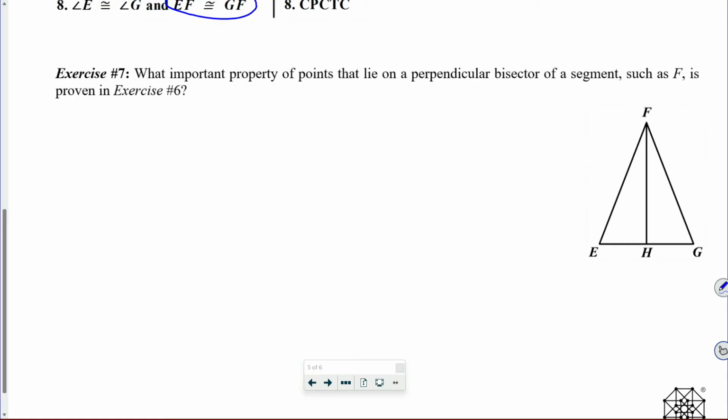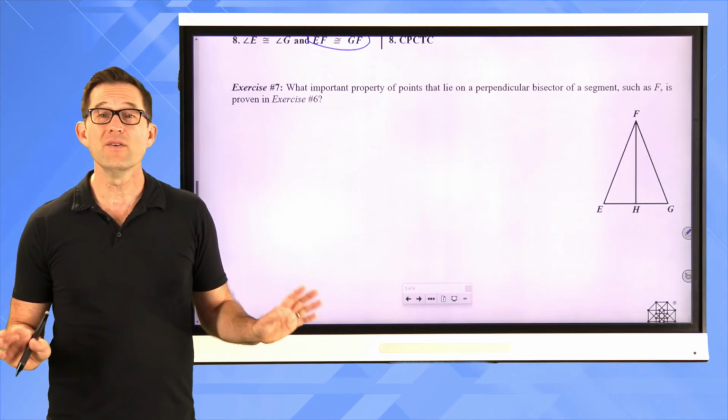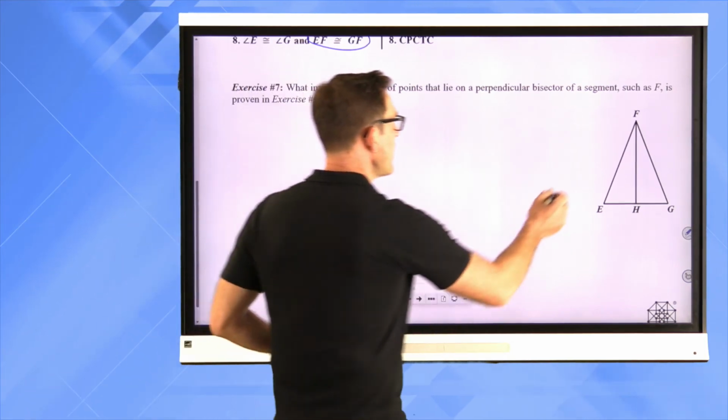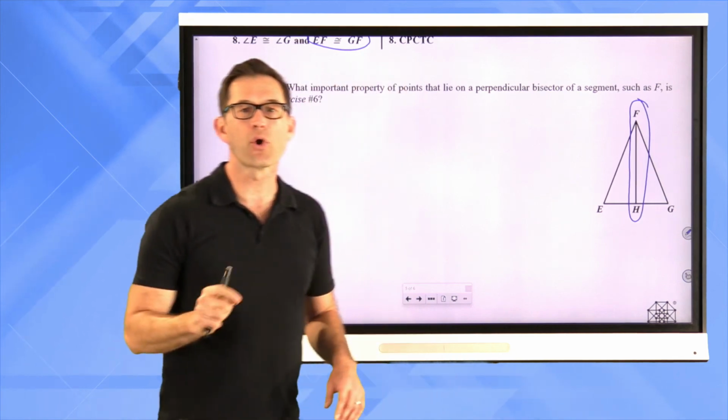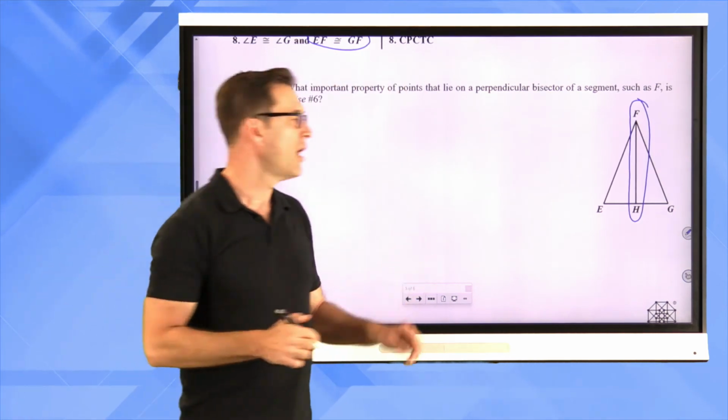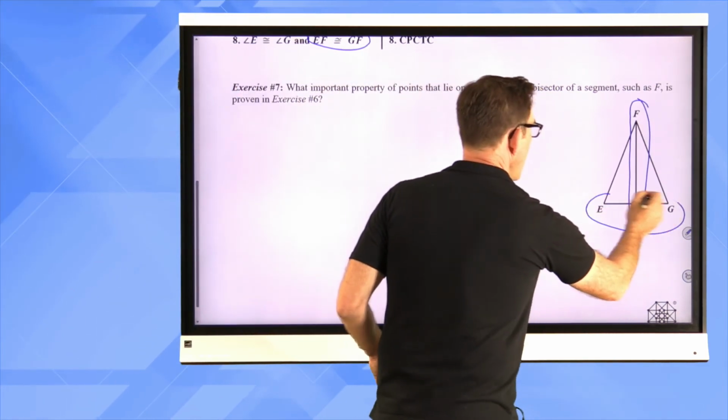What important property of points that lie on a perpendicular bisector of a segment, such as F, is proven in exercise number 6? So keep in mind, all we really knew was that FH was the perpendicular bisector of segment EG.